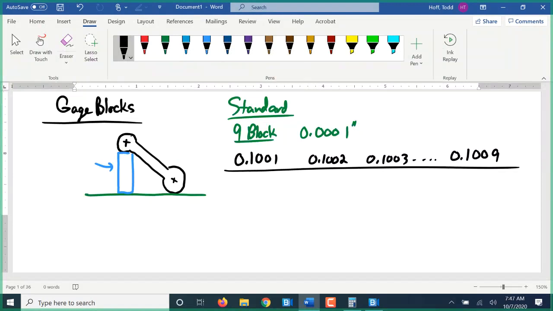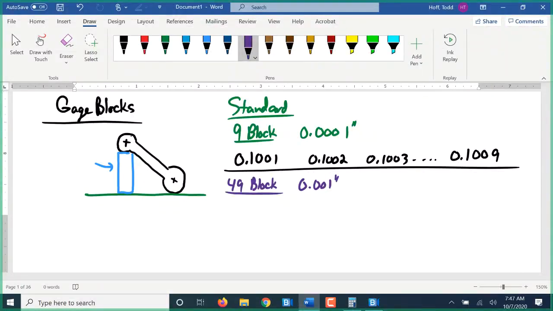Our next series is a 49 block series, and this is the thousandths. So in this series, still a 1,000th of an inch would be too small, too thin to be durable. It would get bent rather easily. It'd be foil thin.